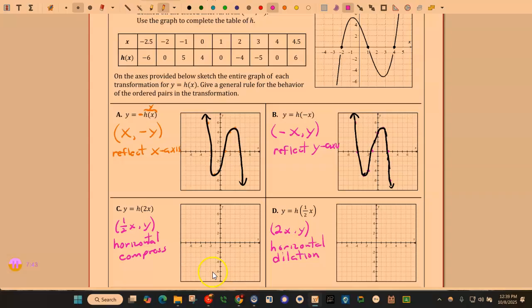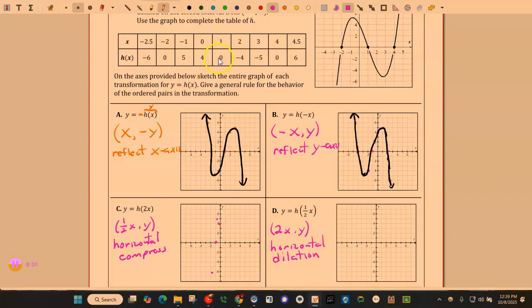Right here. And then we'll do half of negative 2 will be negative 1, and that's at 0. Half of negative 1 will be negative 0.5, and that'll be at 5. Half of 0 and 4, that stays the same.